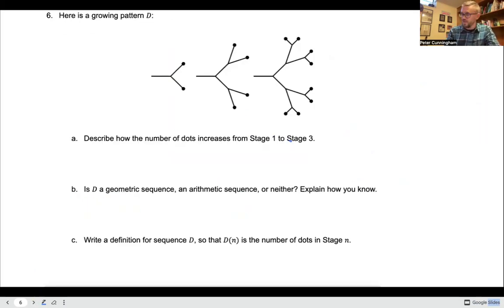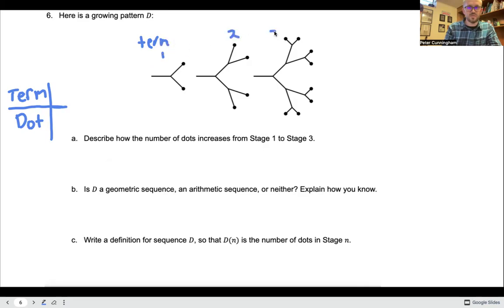Okay, I kind of had in my key, I did this a little sloppily. So let me make a neater version of this table. If I were going to do it, I would do a table for this. And I would say, okay, if this is the first term, right? If this is term 1, this is term 2, this is term 3.